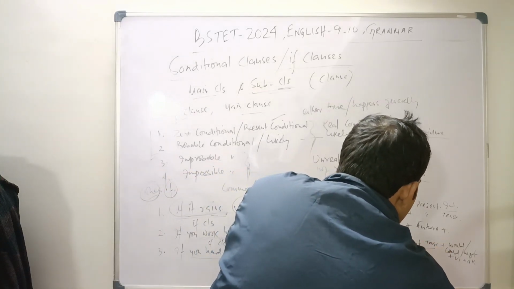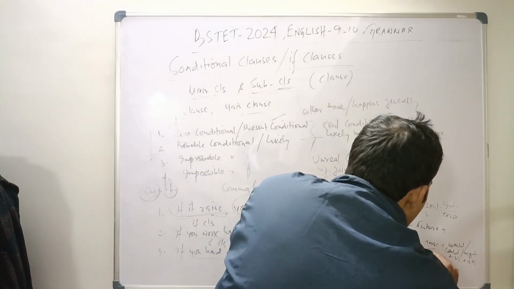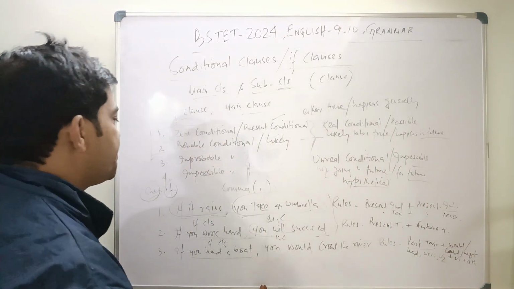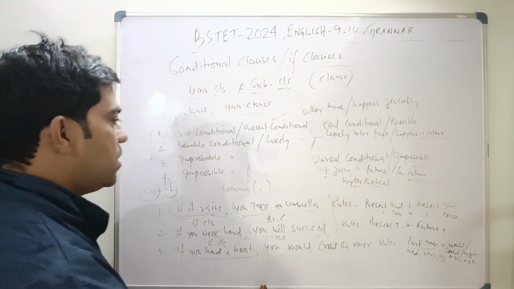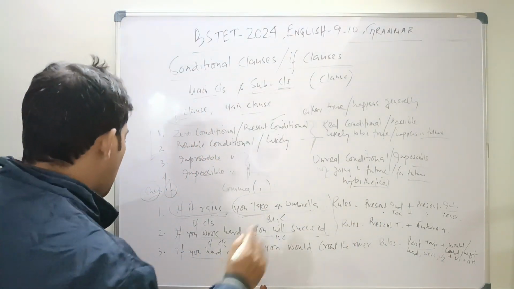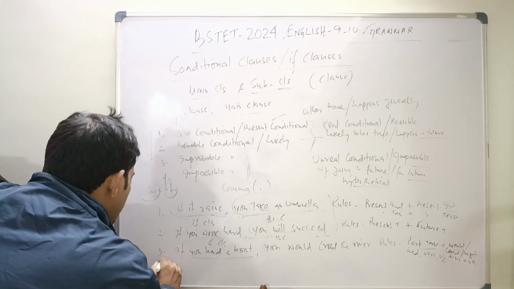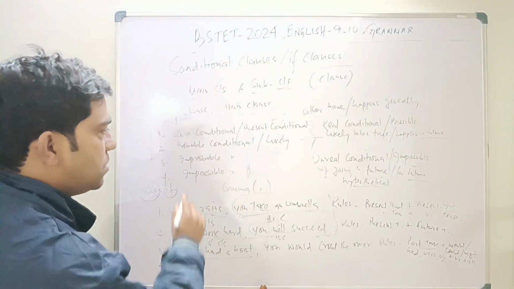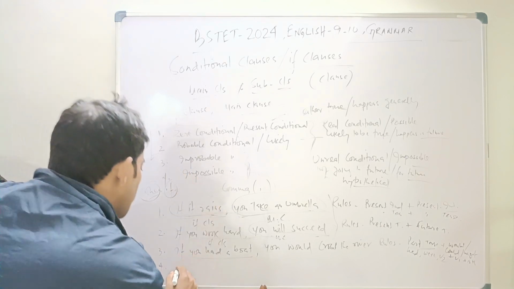Here past tense can be had, were, or V3, V2. All right. Had, were, V2, were also is used. I will give you an example of were, but let me first finish the last conditional, that is the impossible conditional.